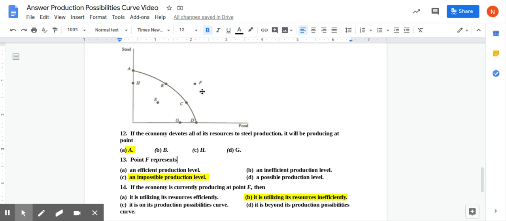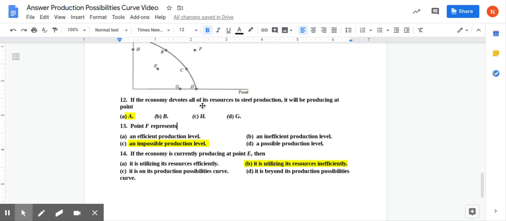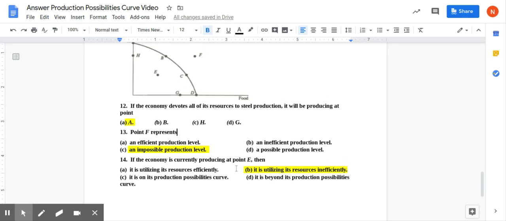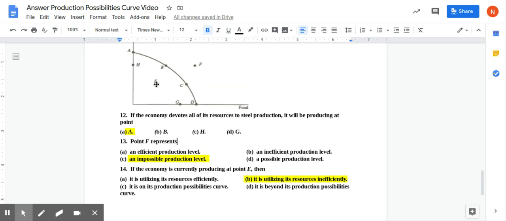We do not have the resources, the manpower, or the technology to be able to produce it: an impossible production level. If the economy is currently producing at point E, we are not producing at maximum efficiency. We can produce more. We are not using our resources correctly, so it is utilizing its resources inefficiently.